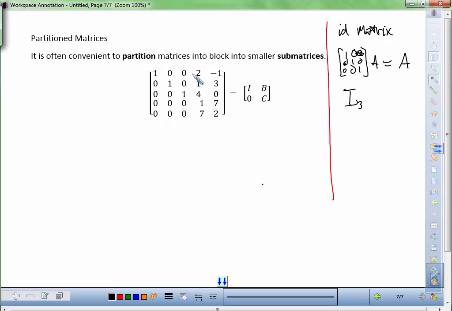So if you partition this into a 3 by 3, a 3 by 2, a 2 by 3, and a 2 by 2, and then you proceed to do some sort of multiplication, this might make an easier product with a matrix than if you had originally taken the whole thing.